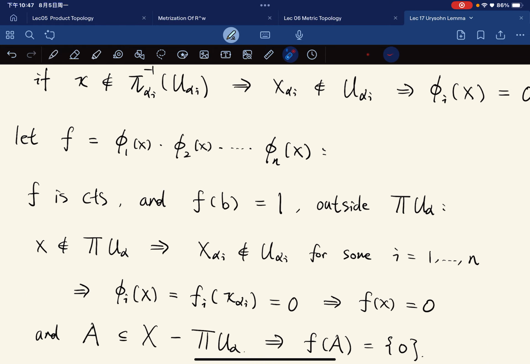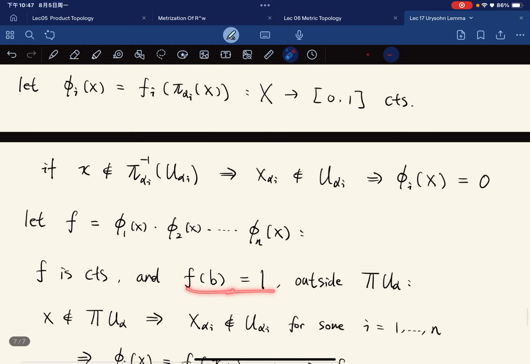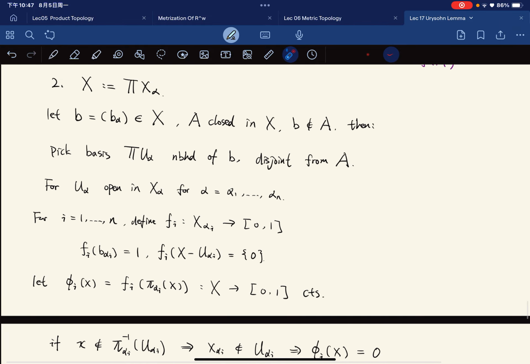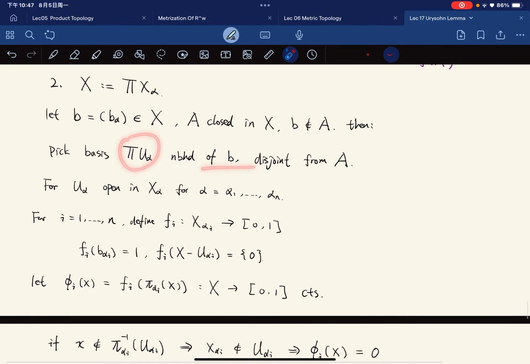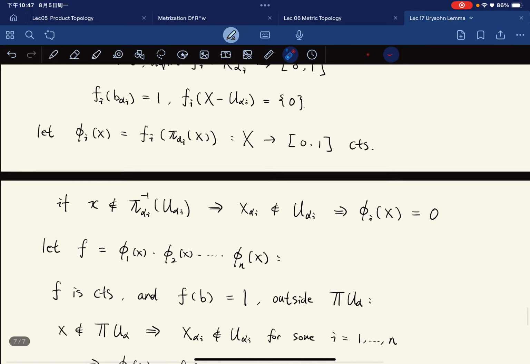And so first we see that f of b is equal to 1, because b is in all those U alpha i's. Here f_i of b alpha i is equal to 1.